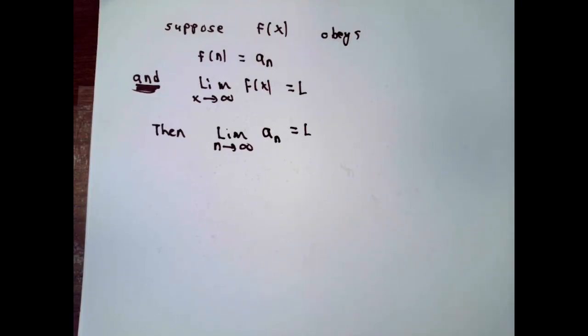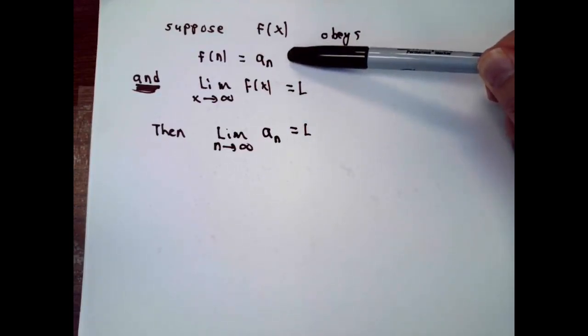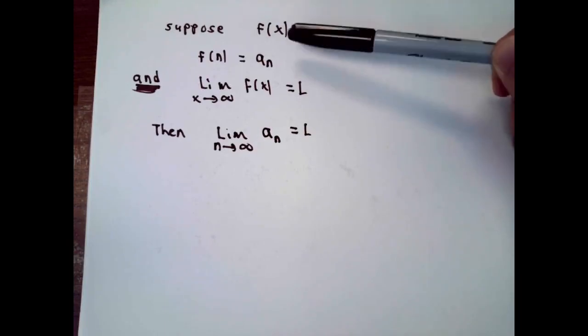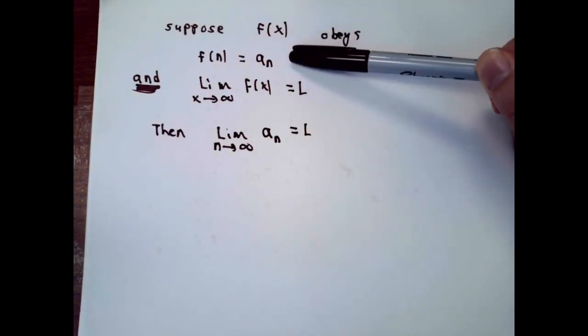Suppose that f of x is some ordinary nice function that you can take derivatives and limits and do L'Hopital's rule to, and all of that sort of thing. Suppose also that f is special in the sense that when I plug a positive whole number n into f of x, I get back a sub n.